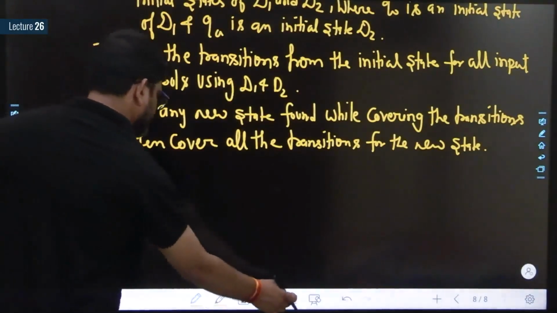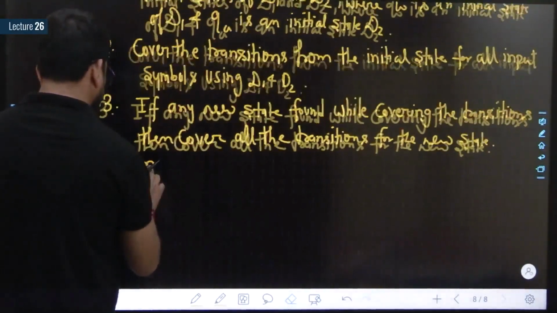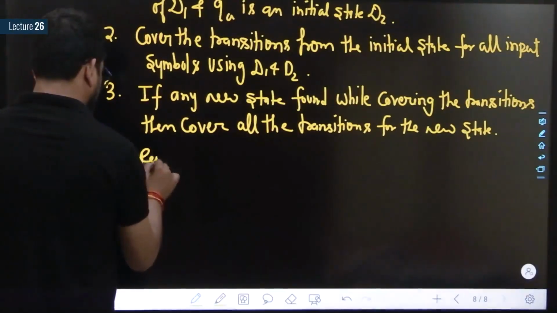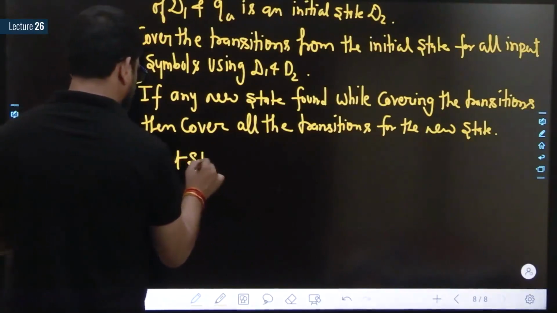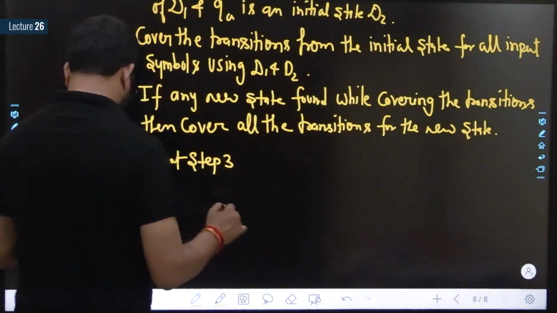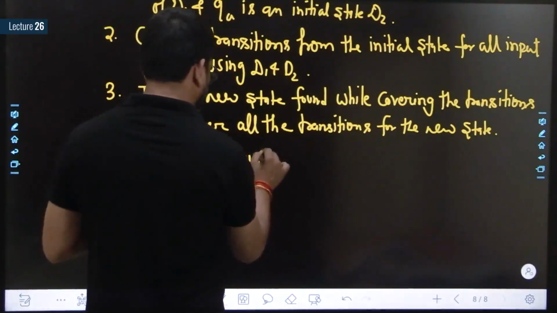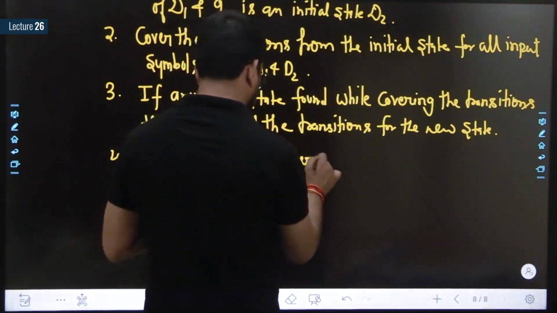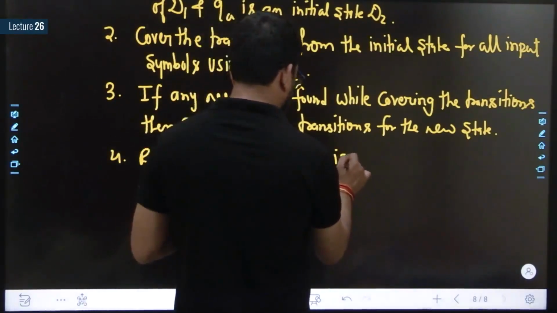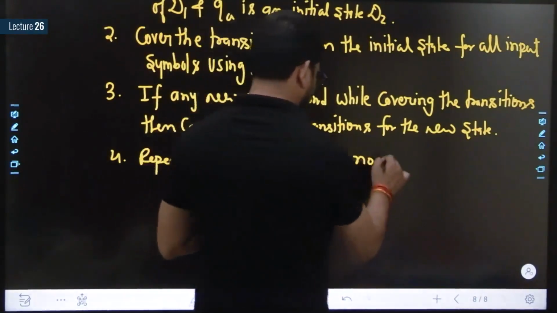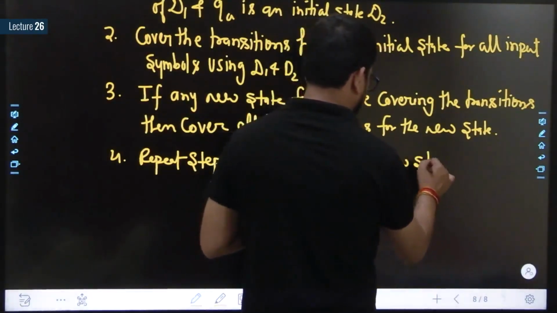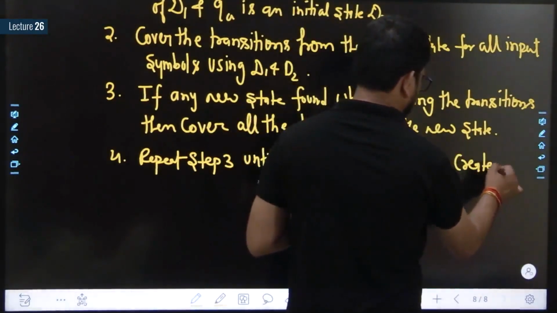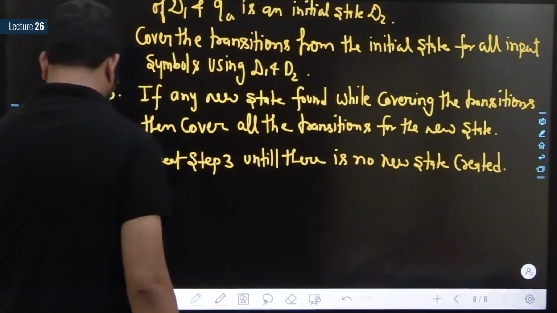Repeat step 3 until there is no new state created.